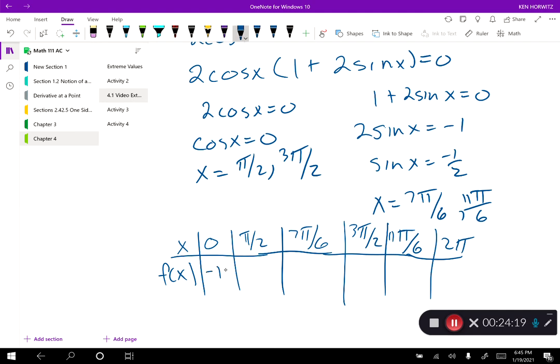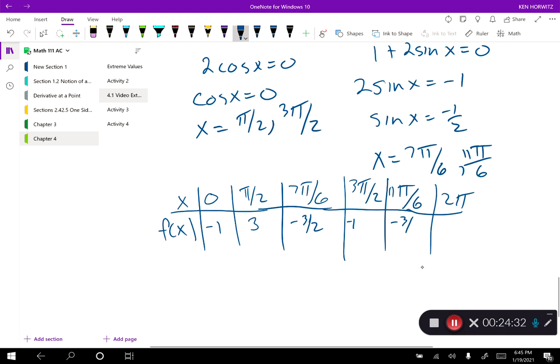I got negative 1, 3, negative 3 halves, negative 1, negative 3 halves, and negative 1. So I would declare this your max. Now I'm going to put it underneath. Those are your minima as well.